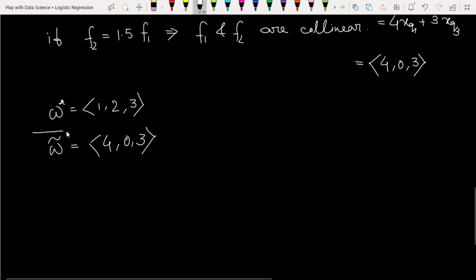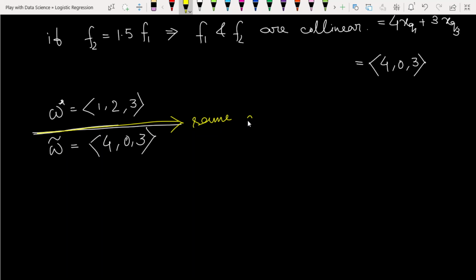At the end of the day, these two weight vectors give the same classifier. Both are the same classifier, but they have two different weight vectors.